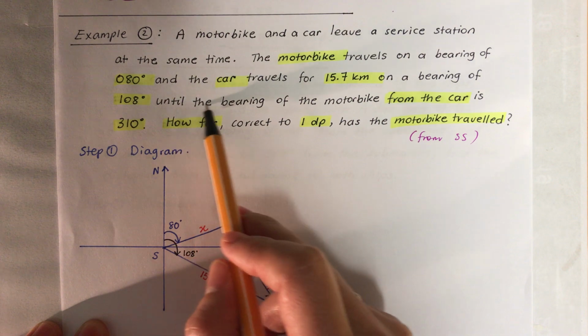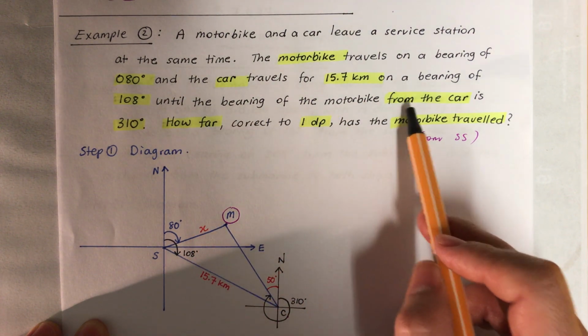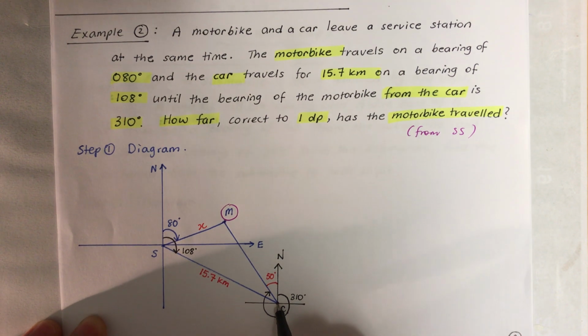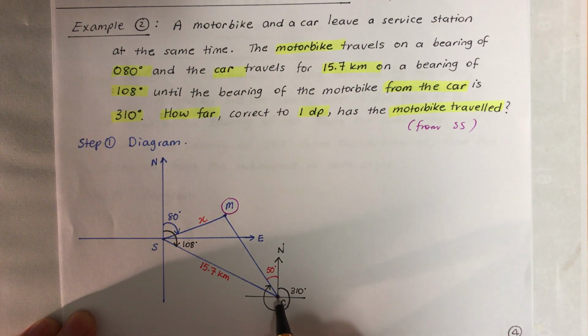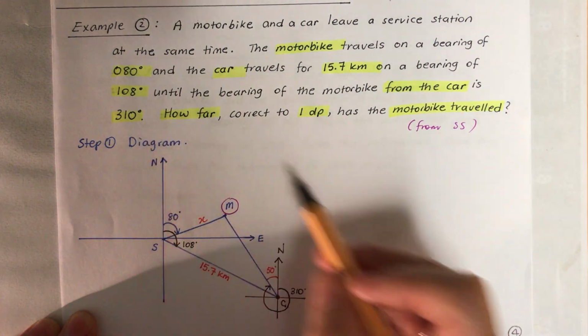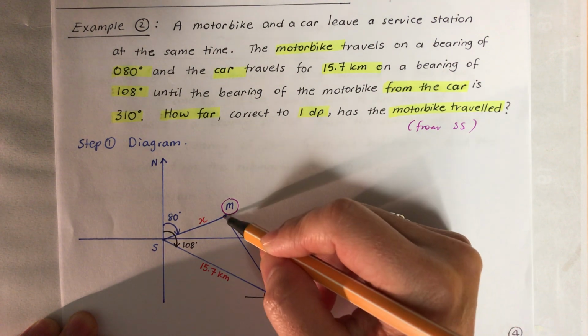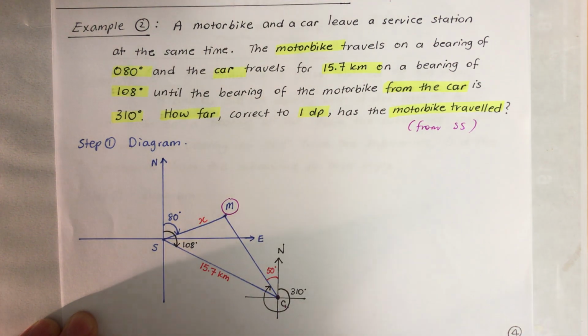And this is the part you have to be very careful about. Now from the car, so your starting point has changed. It's not the station anymore, it's the car. And the bearing of the motorbike is 310.